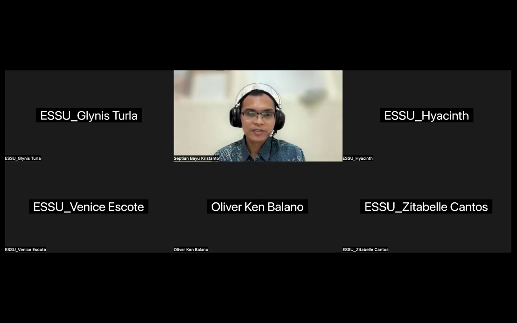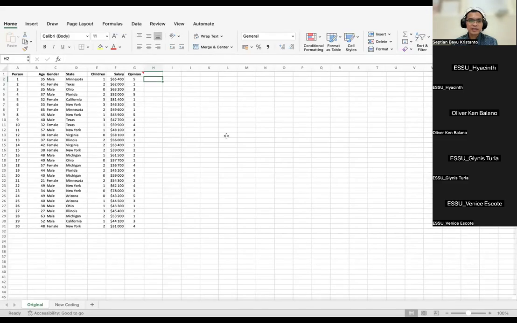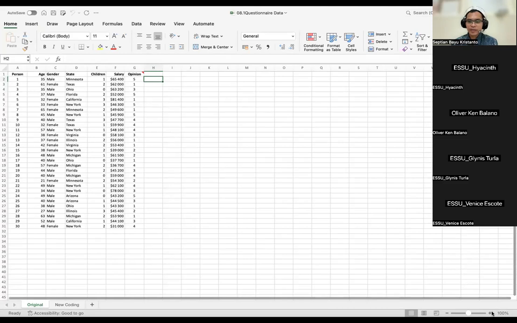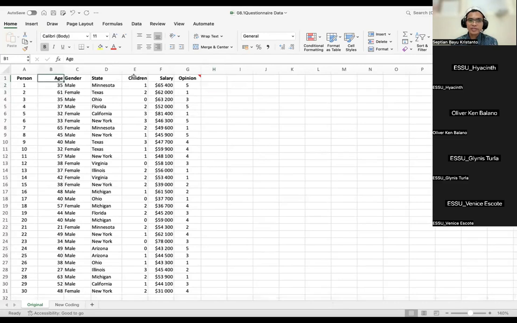Let's say we have information from questionnaire data. From this questionnaire data, we found information like this. We have data for the age, the salary, and the children.